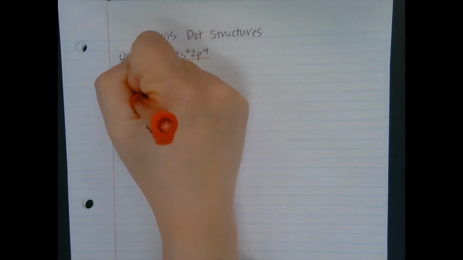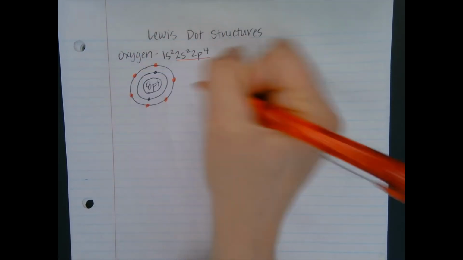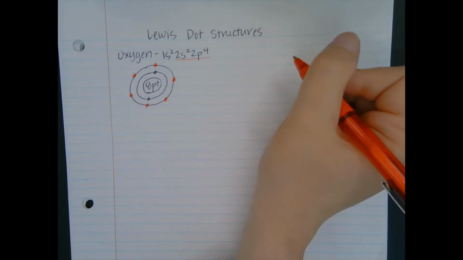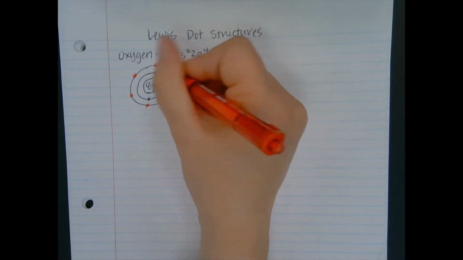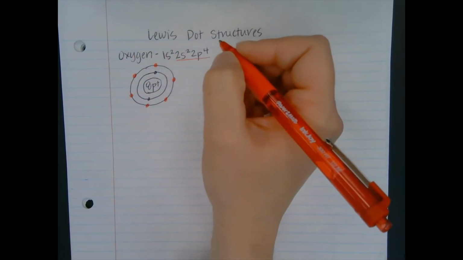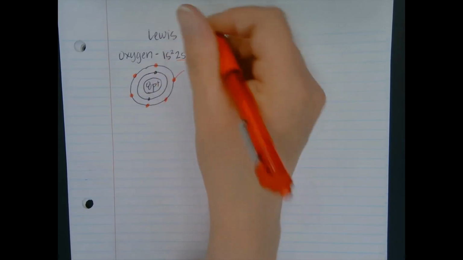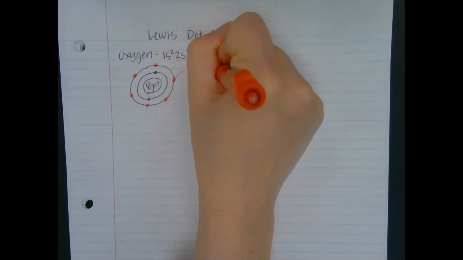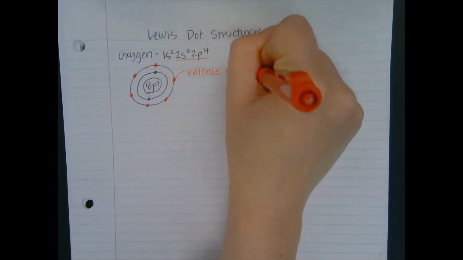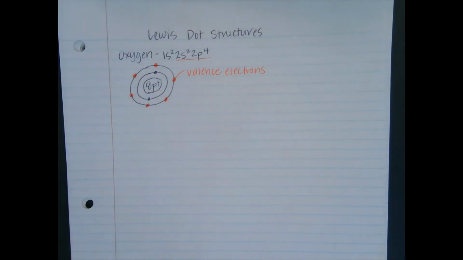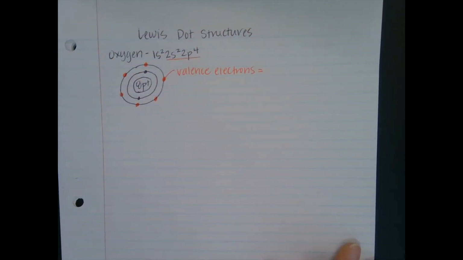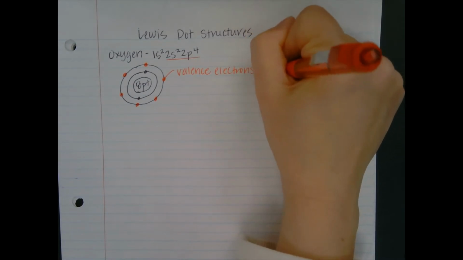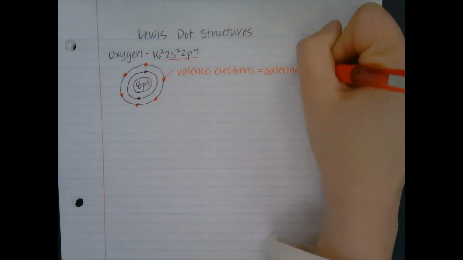But now we're going to repackage this and put a pretty bow on it called a Lewis dot structure. But first, let's get a definition out of the way. These electrons on the outermost energy level have a special name. These are called valence electrons. Valence electrons are your outermost electrons.